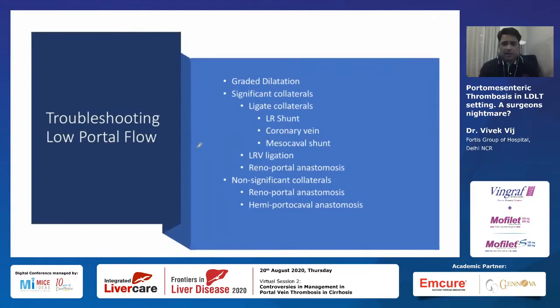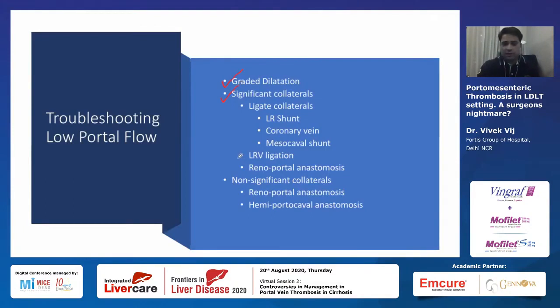So sometimes in grade 1, grade 2 and grade 3, whatever you do, thromboendovenectomy, you ligate collaterals, the portal flow seems to be less in these cases. So in these cases, I would always recommend doing graded dilatation sometimes, and looking at the collateral map again. If there are any significant collaterals, always ligate these large collaterals.